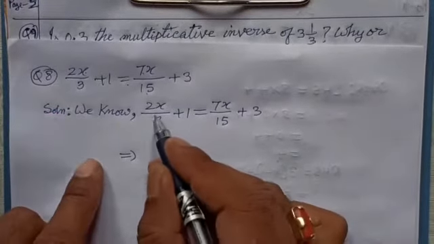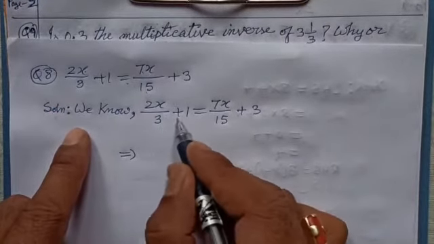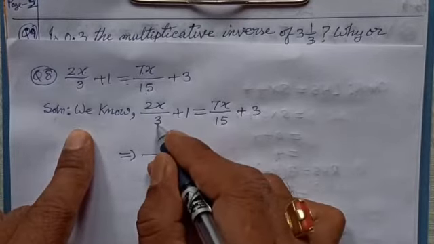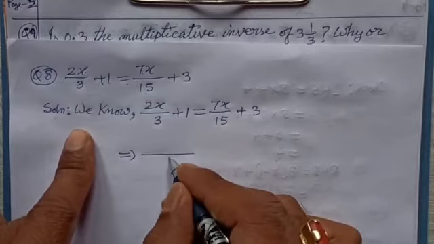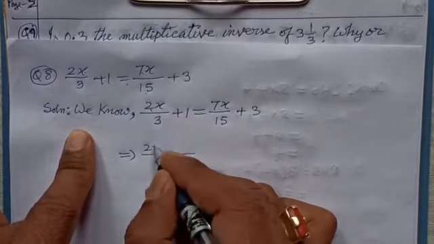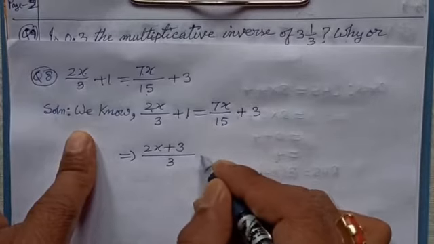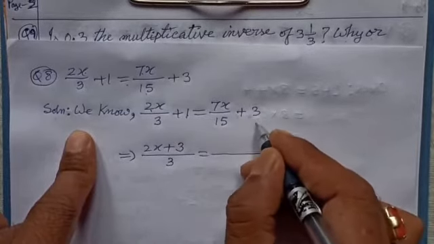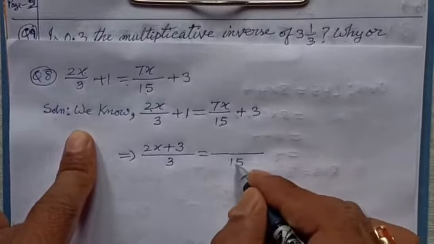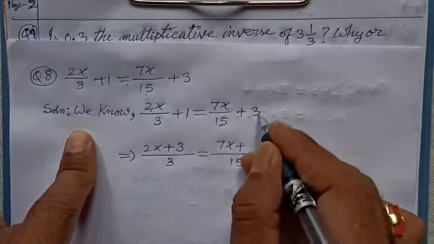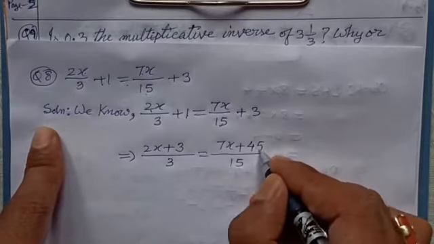First, let's add together 2x by 3 plus 1. If we take LCM of the denominator, here the denominator is 3, so LCM will be 3, then 2x plus, then 3 will multiply this one, then we'll get 3. Here there is 1 and 15, LCM is 15, 7x plus 15 and 3 will be multiplied, then we will get 45.